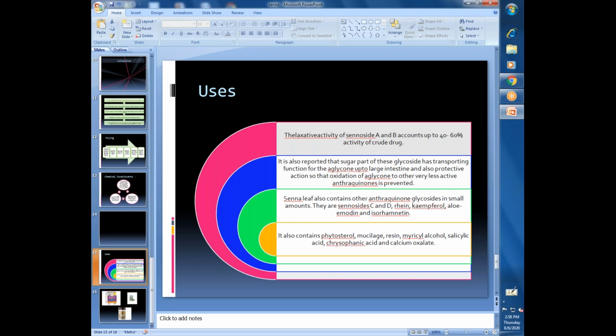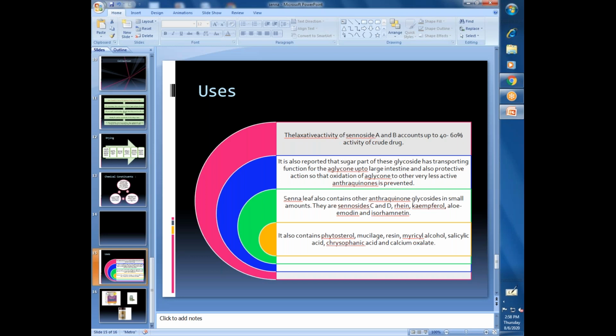Glycosides, as I have explained earlier, contain two parts: a glycone part and an aglycone part. The pharmacological activity is due to the aglycone part, whereas the glycone or sugar part is helpful in transporting the functional aglycone to the site of action.